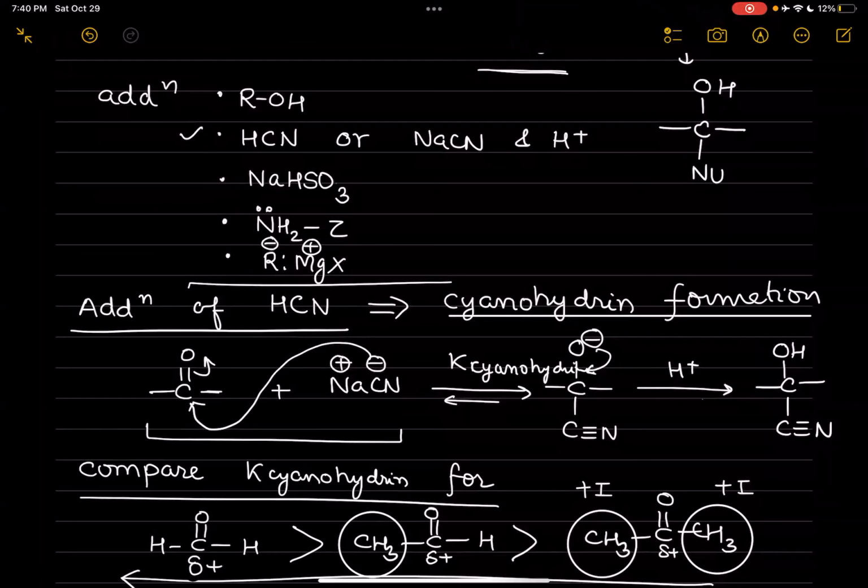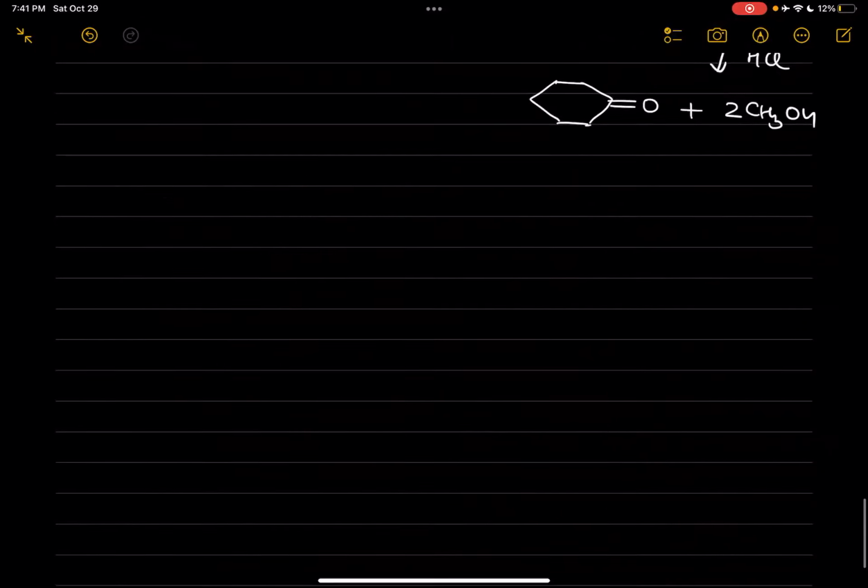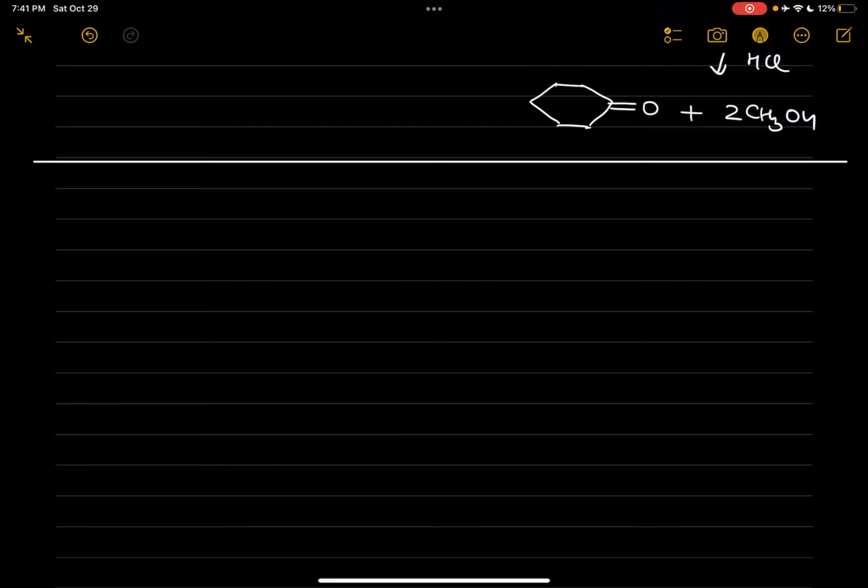So now the reaction with NH2Z, ammonia derivative. The reaction is very simple. Why is it called ammonia derivative? Because ammonia is NH3, and if you remove one H and put one Z, it becomes something derived from ammonia.